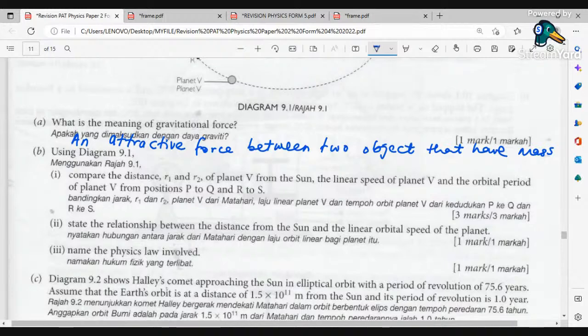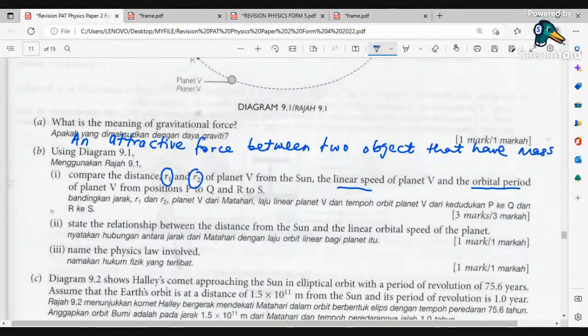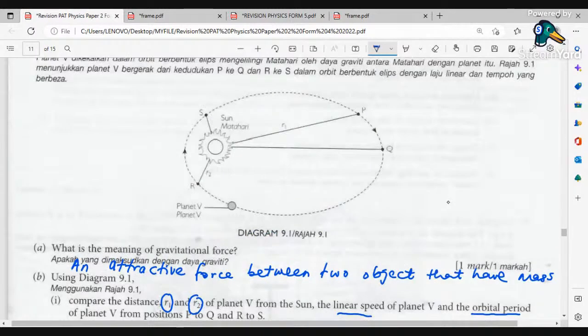Okay, diagram 9.1, compare distance R1, R2 of planet V from Sun, linear speed, orbital period. Okay, from position P to Q and R to S. So kita ada dua bahagian. P to Q ini satu.